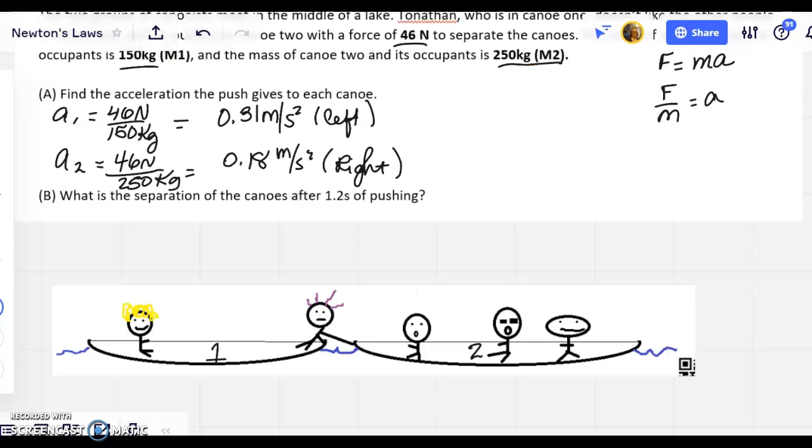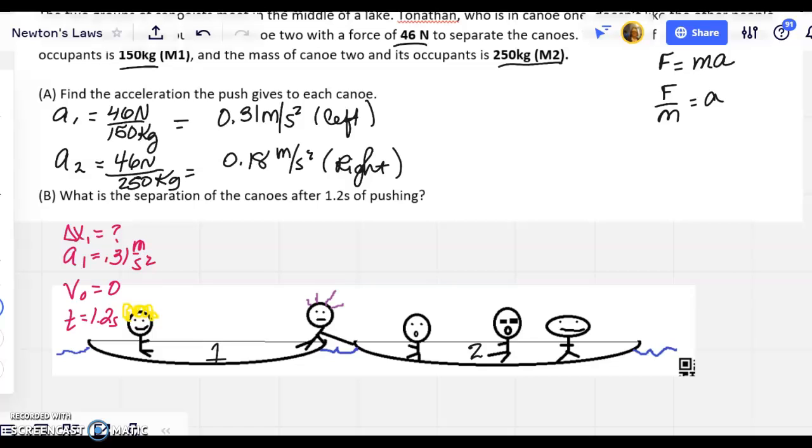We're looking for displacement. So for canoe 1, I'm looking for delta x of canoe 1. I know the acceleration, I know that the initial velocity is 0, and I know the time is 1.2 seconds.